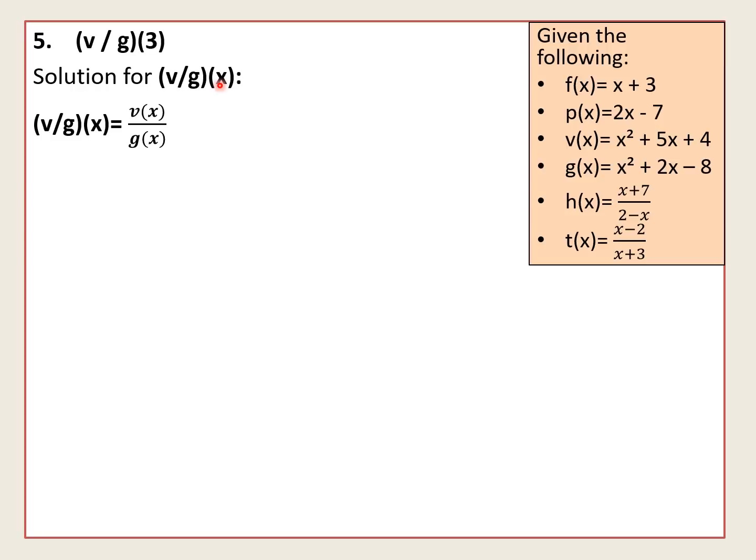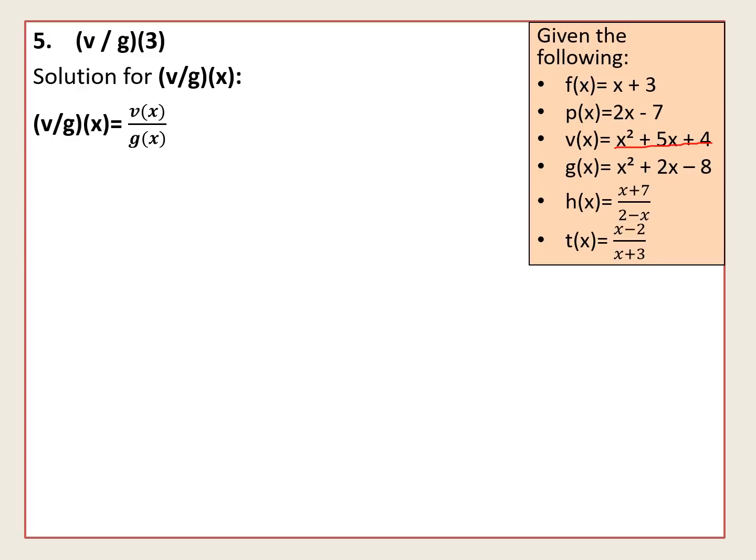Okay? So, v over g of x is equal to v of x over g of x, or the first function divided by the second function, which is g of x. After we write this, the next step is to replace v of x by its corresponding value, which is x squared plus 5x plus 4.